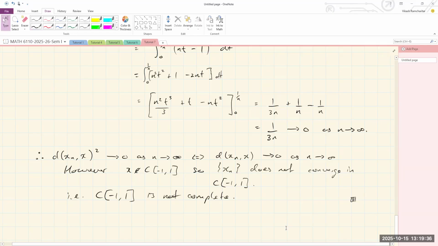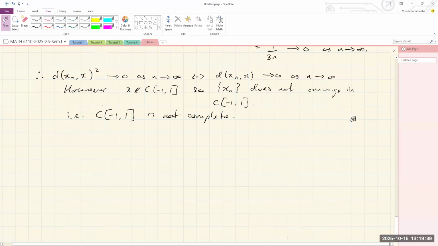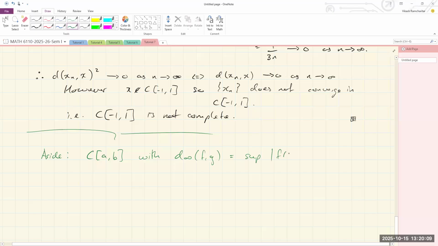Also, an interesting thing to note, I think it's in the course notes, is that this same space, maybe not from -1 to 1, but on any closed bounded interval ab. So the continuous functions on any closed bounded interval ab with the supremum metric. Right? So remember what this is? This is just the supremum of the difference between the functions, where t in this case lies between a and b.